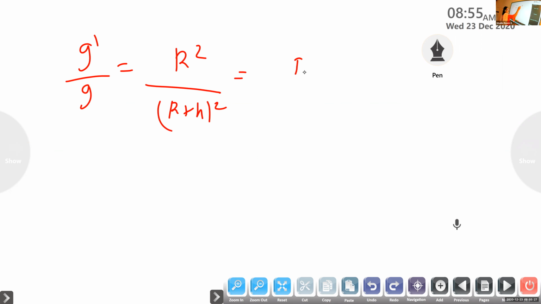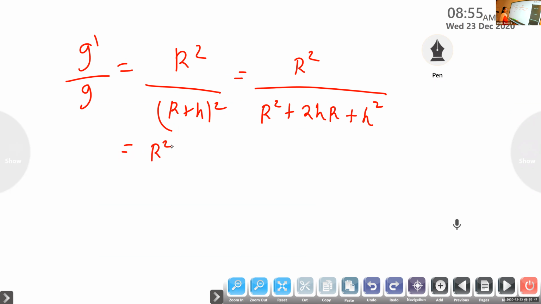What you are going to do is expand R plus h whole square, because this is in the form (a plus b) square. So R squared plus 2hR plus h square. In the next step, we take out R square.